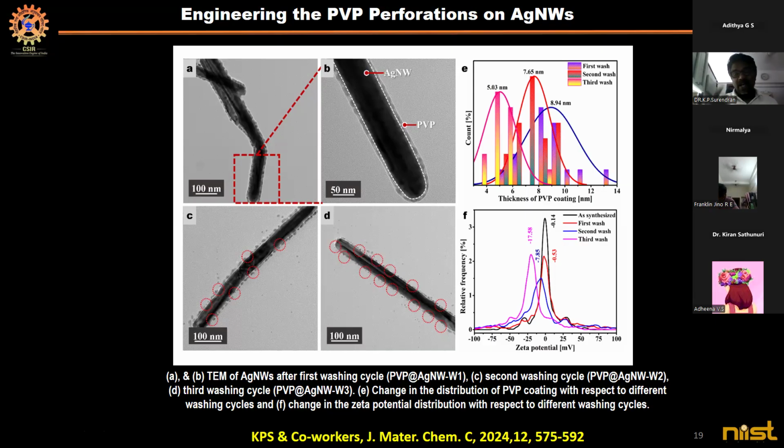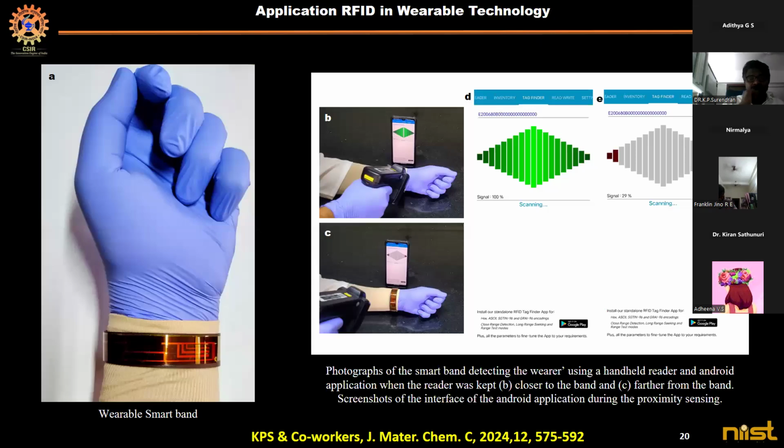This polymer has to be selectively removed. It's a hazardous job and a very, very cumbersome job. You have to do it very carefully. But we have succeeded in doing that, and we have made an ink using silver nanowire, and that ink was used for making the RFID antenna.